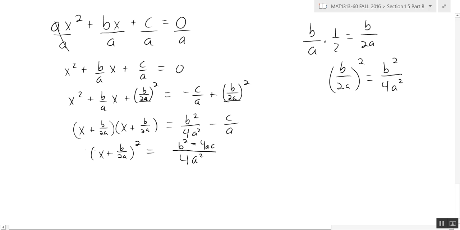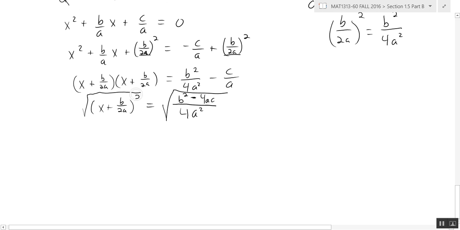Now what did we do next? We took the square root. If we were doing completing the square, we take the square root of both sides. Okay? And when you take the square root of something squared, that cancels out. So I'd have x plus b over 2a equals. Now when you take the square root of a fraction, that's the same thing as the square root of the numerator over the square root of the denominator.